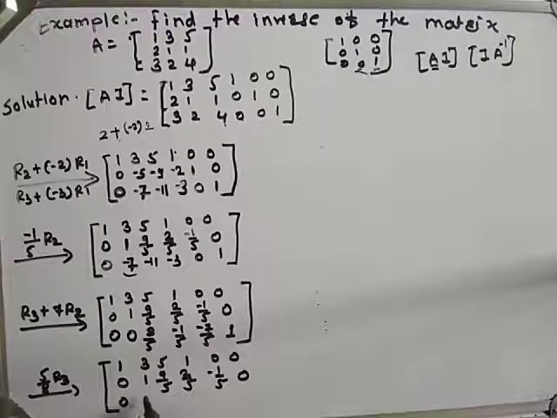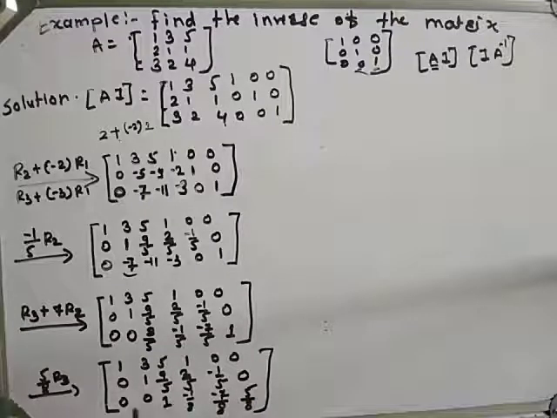Obviously 0 into 5 by 8 is 0, 0. 8 by 5 into 5 by 8 is 1. This is minus 1 by 8, this is minus 7 by 8, and this is 5 by 8.